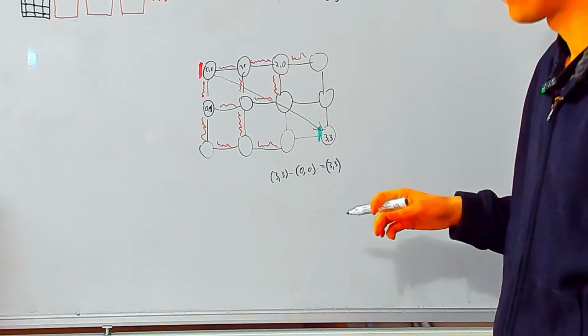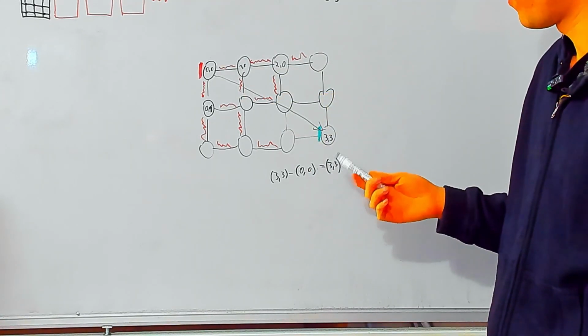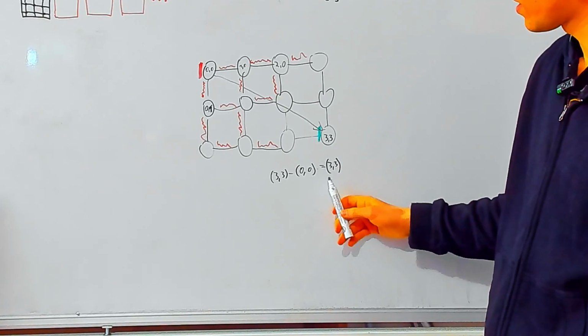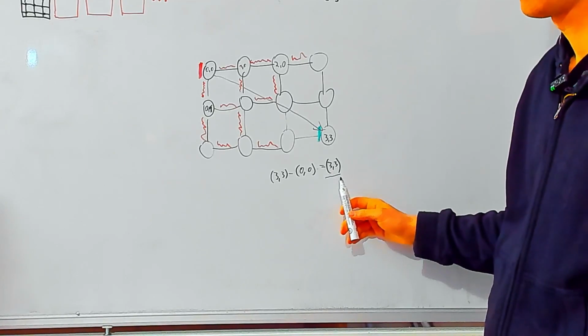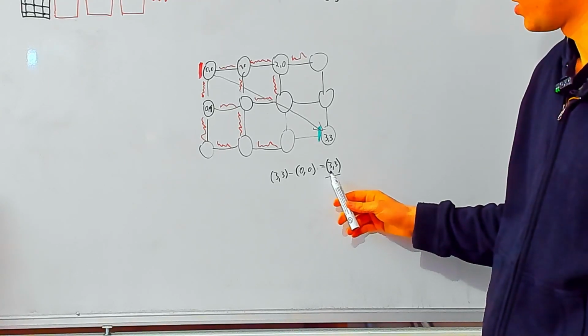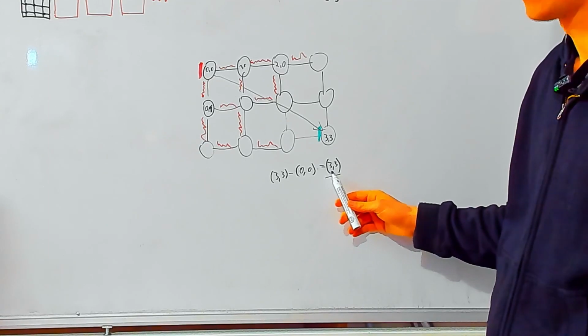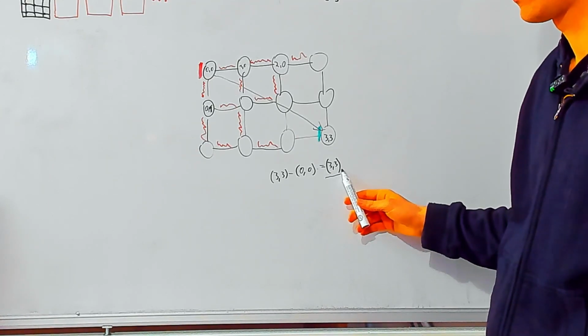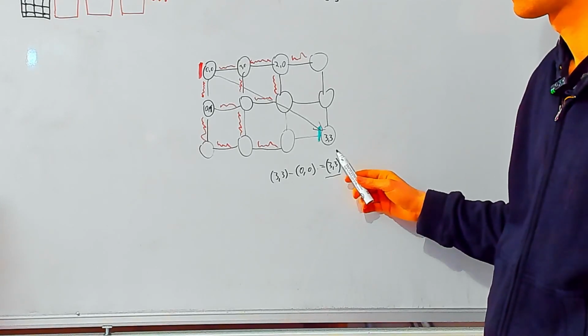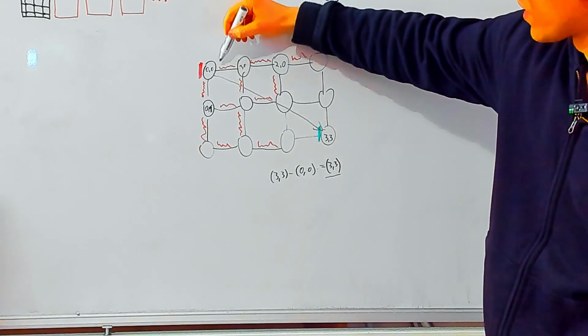If we assume that, we can interpret this as saying any path that goes 3 to the right and 3 downward gets me to the target.